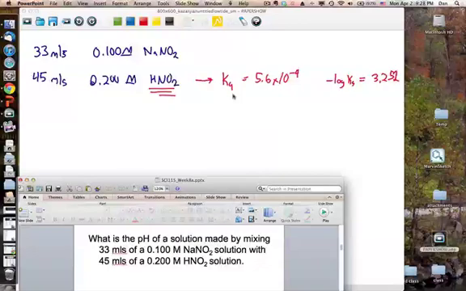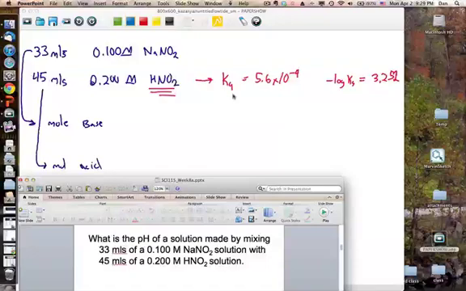And once we have that number, we can then use skills from last semester to convert this into the moles of our weak base and our moles of our weak acid.